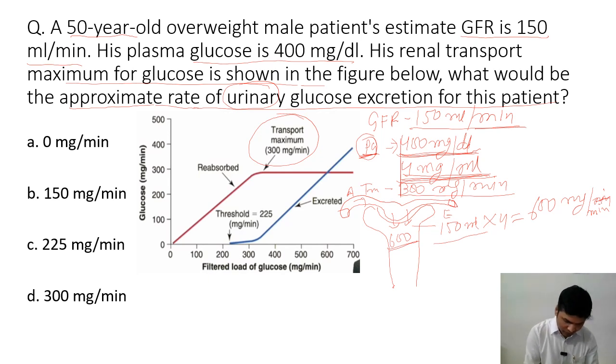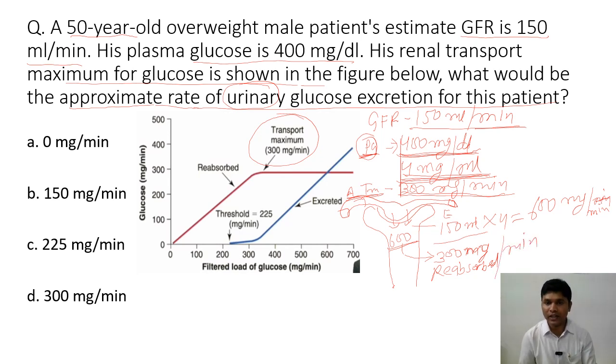And the next thing is transport maximum. Transport maximum is 300 milligram per minute, meaning reabsorption. So out of 600 milligram of glucose, 300 milligram will be reabsorbed per minute.